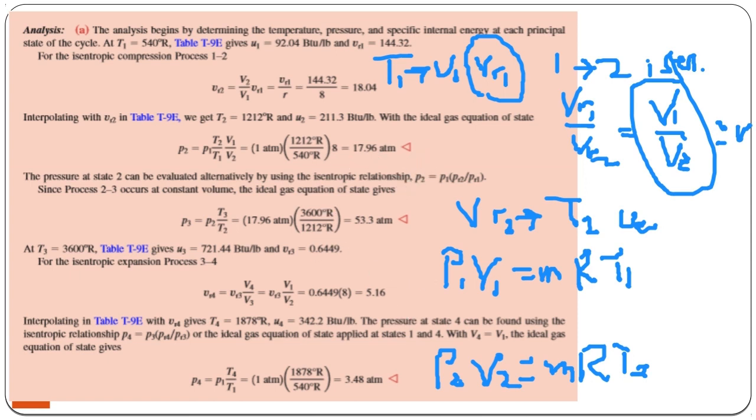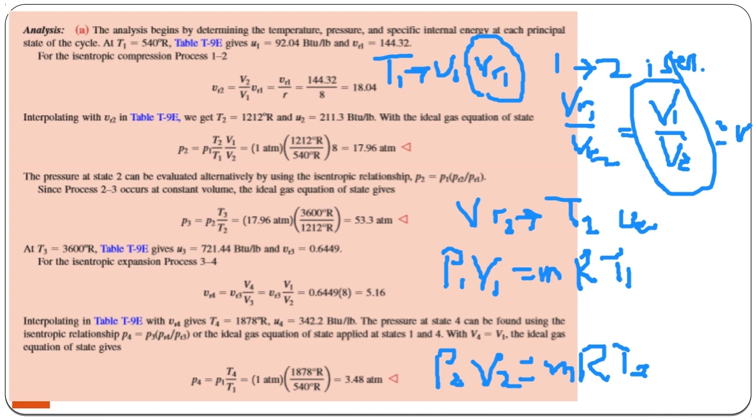Then once you have the pressure at the end of the compression, you can move to state 3, because state 2 to state 3 is under constant volume. When the volumes are constant and you divide the equations, volumes will cancel each other. So from 2 to 3, you have only the relationship between the pressures and temperatures, whereas from 1 to 2 you have to include also the change of the volume.